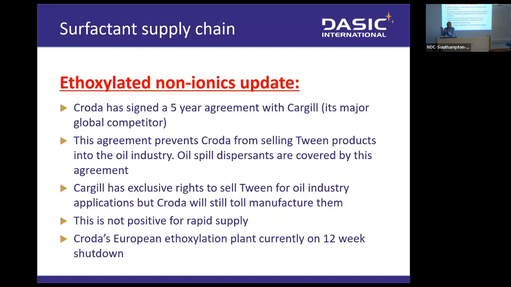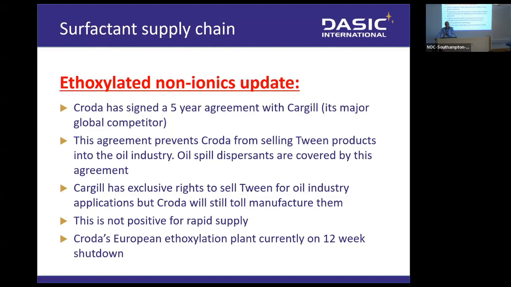And just to talk about Tween briefly, I haven't gone into the chemistry because I haven't actually got time to do that, but it's sorbitan trioleate ethoxylate chemically. Sorbitan's made from sorbitol. We mentioned the global shortage of that recently. Sorbitol is made from glucose by an enzymatic process. Sorbitan itself then has to be esterified with a fatty acid.